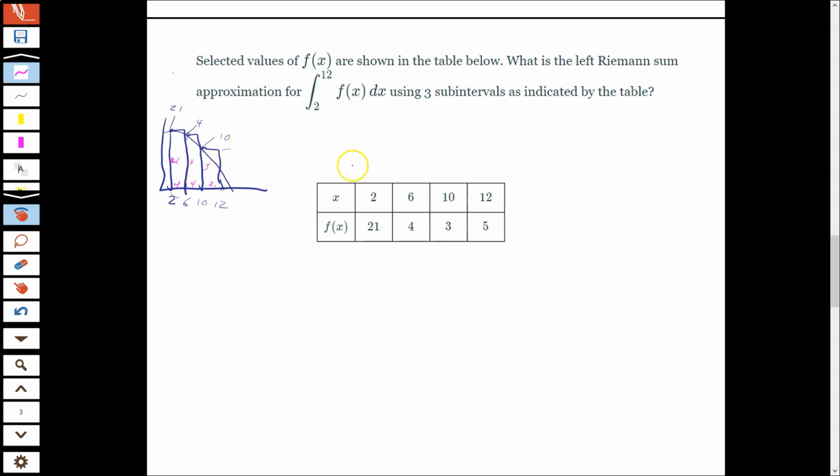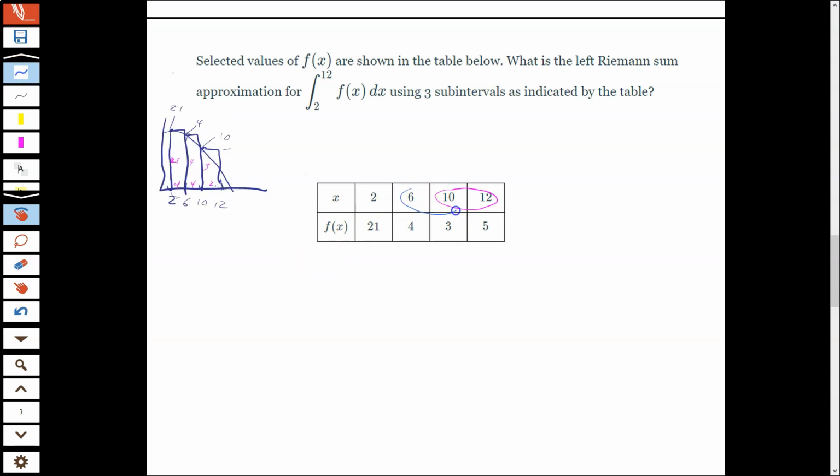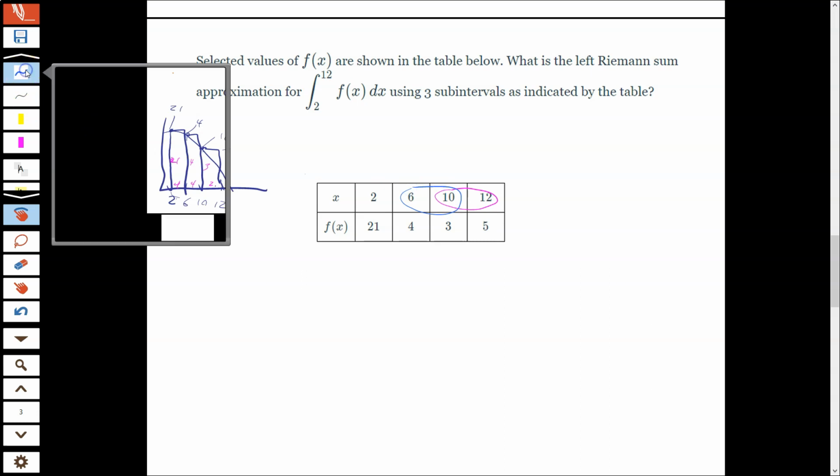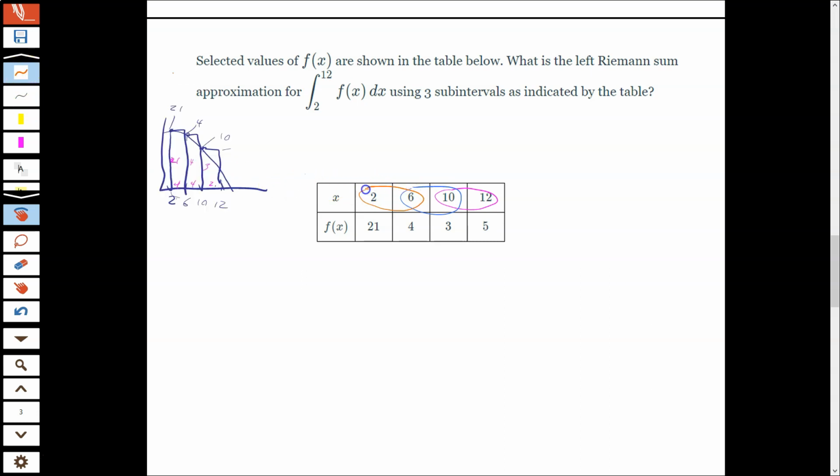Okay. So I've used, well, let's see. I used from 10 to 12. And then I used from 6 to 10 was my second interval. And then I used from 2 to 6 was my third interval. Alright.